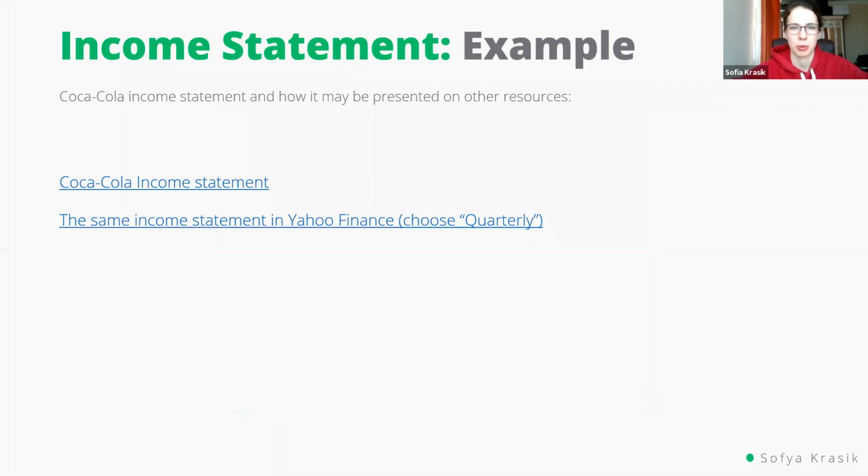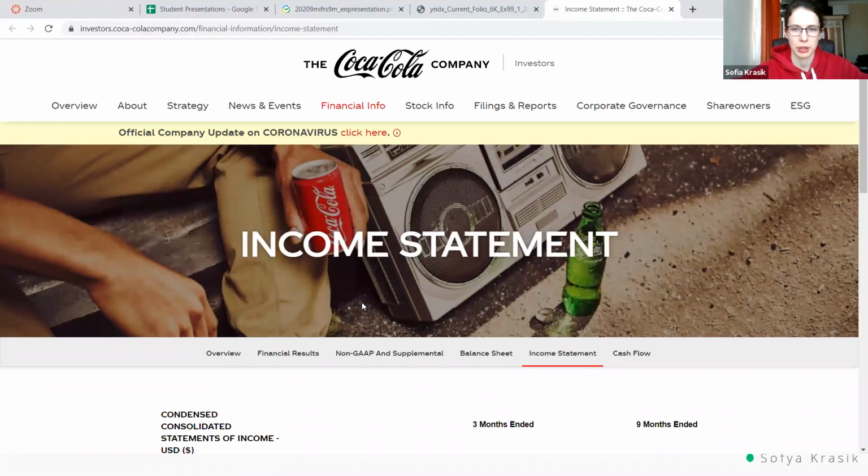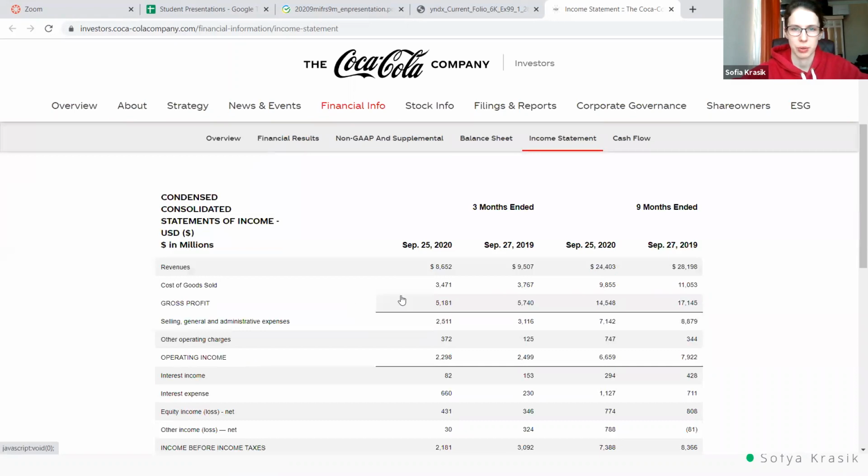So, example of the income statement. Let's go to the internet again. So, let's start with considering Coca-Cola's income statement. So, how it may look like.